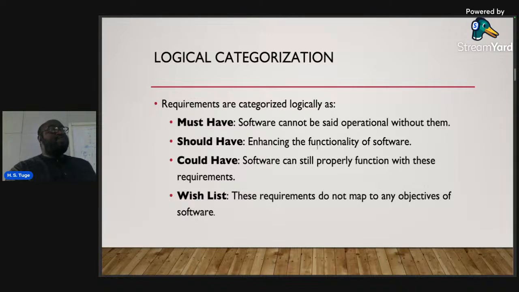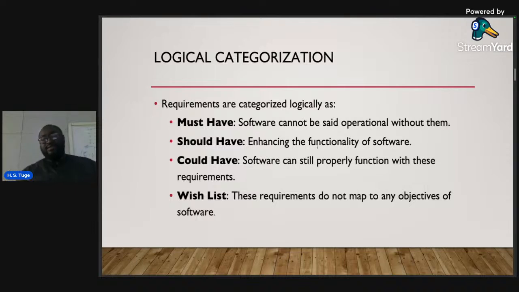So now it has satisfied the must have, but it doesn't send a notification that it has added the student. Is that software good or bad? Bad, why? So sending notification is what? It should have notification. Okay?